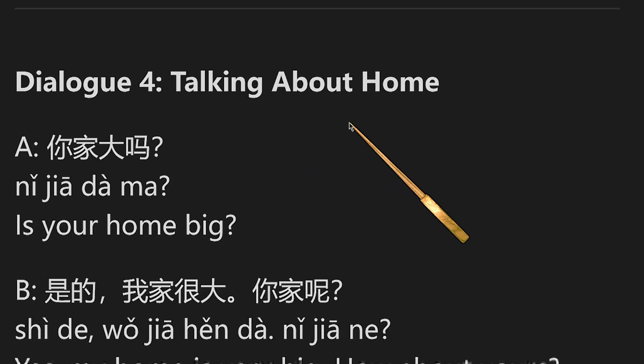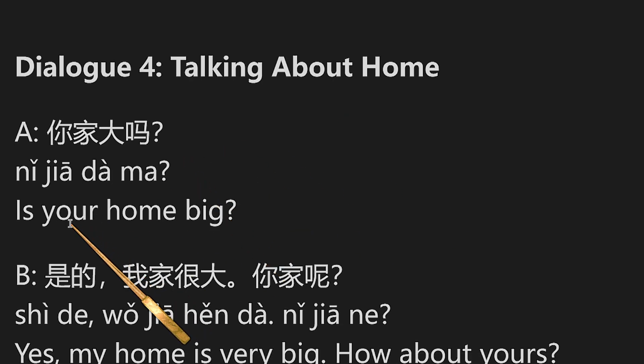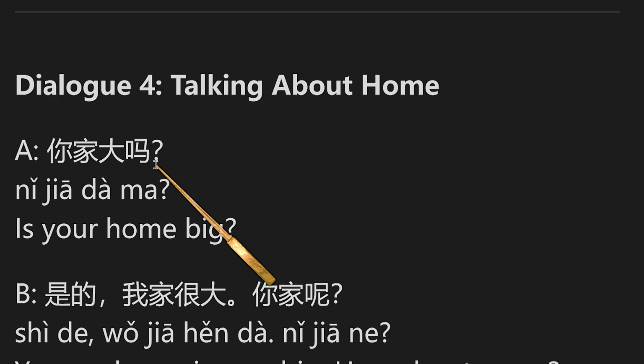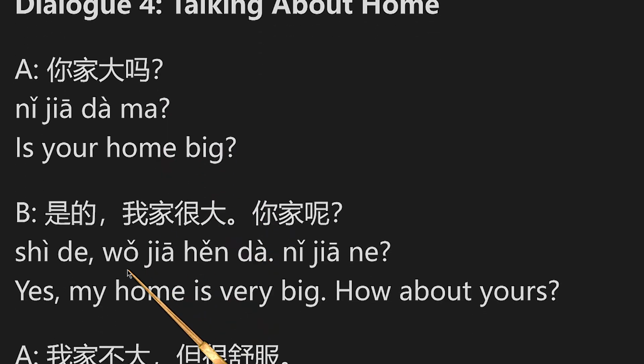Talking about home. Dialogue number 4. Is your home big? 你家大吗？Your home. 大 is big, 吗 makes it a question. We can say 你家多大, or we can say it like that. It's all right.